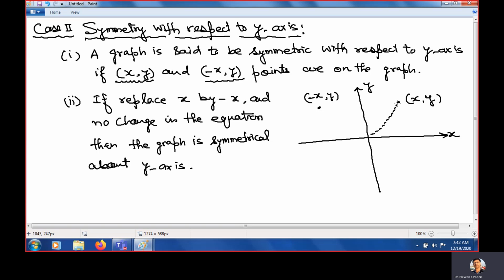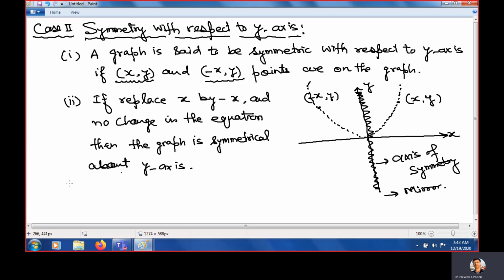If this is the graph like this one, these are the points, then these points should also be on the graph. It will be like this one. So in this case, the y-axis will work like a mirror. Clear? This will be the axis of symmetry and it will work like a mirror. These are the two things: axis of symmetry and mirror.